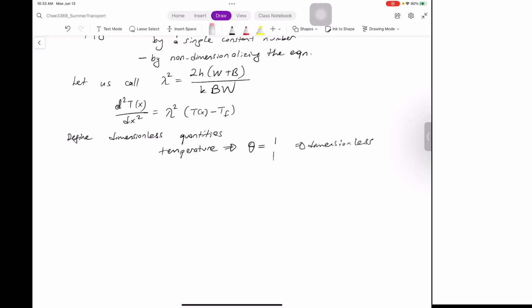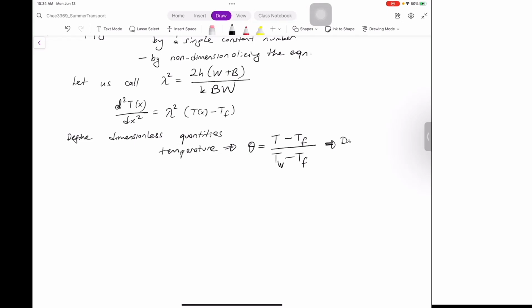Another possible way to make a dimensionless quantity is to do T minus TF divided by T wall minus TF. The reason why I'm subtracting this TF is that I have something like this here already, so I can make it look like the one appearing in the equation. So let's call this theta: T minus TF divided by TW minus TF.